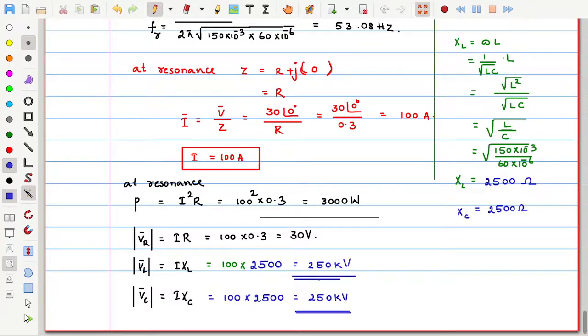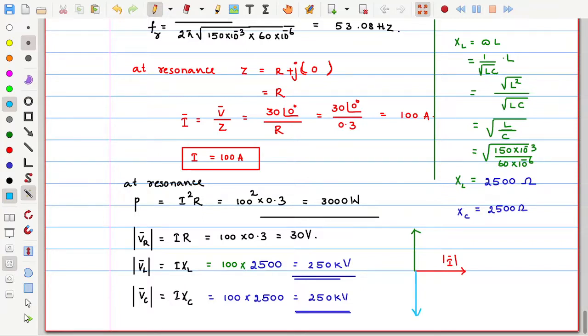But how does it become 0? Can you tell me? How does it become 0? If this is the current I in the circuit, one is upward. Which one is upward? The inductor voltage is upward, and the capacitor voltage is equally downward, as like this.